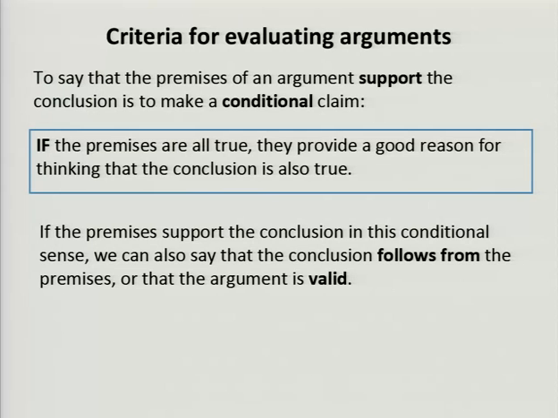And if we were to say this, so to only focus on this conditional sense, only on the support that true premises would give to the conclusion, then we would say that the argument is valid. And again, there can be different ways in which this is the case, but for now it's just important that you have this technical term.